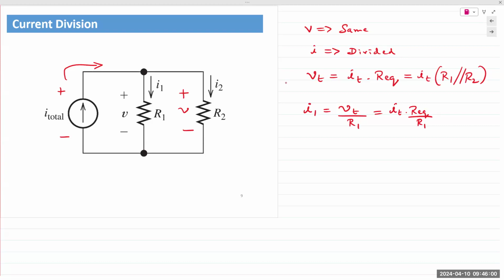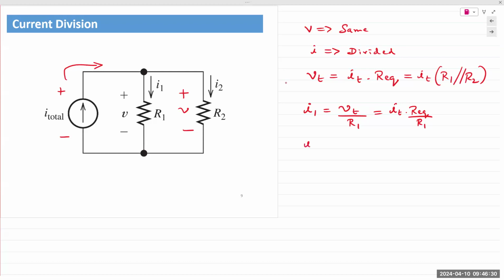Take 10 seconds, think over it. Let me know if you have any questions. For voltage division, it was R1 over Req. Req was in the denominator. For current division, Req is in the numerator. The structure of the equation is the same for both. Make sense?